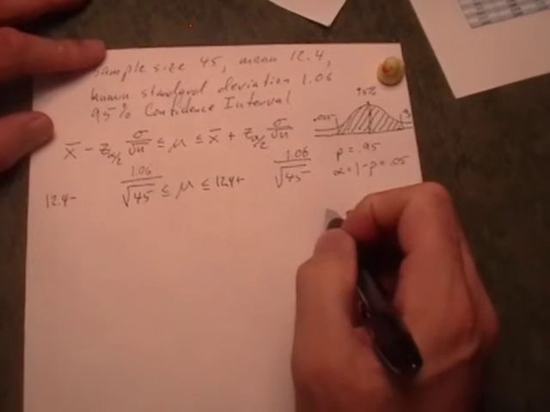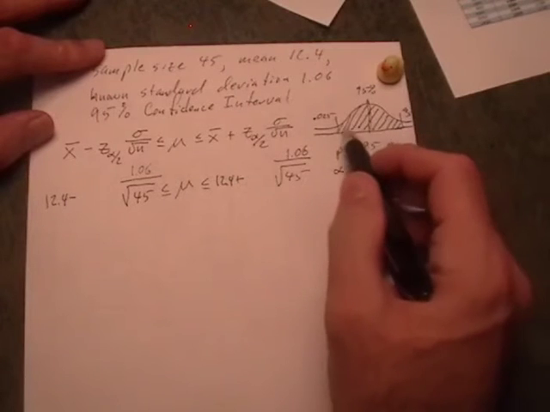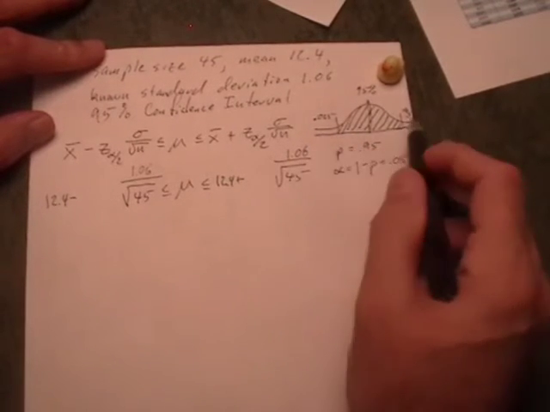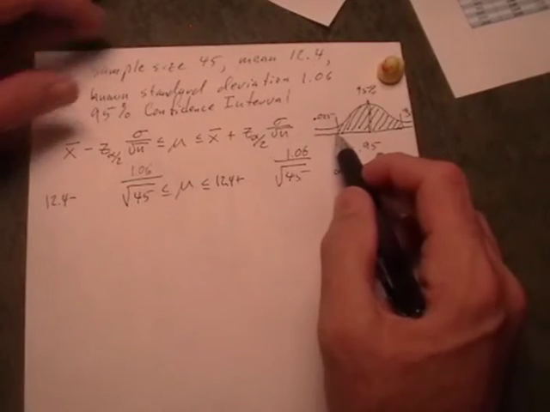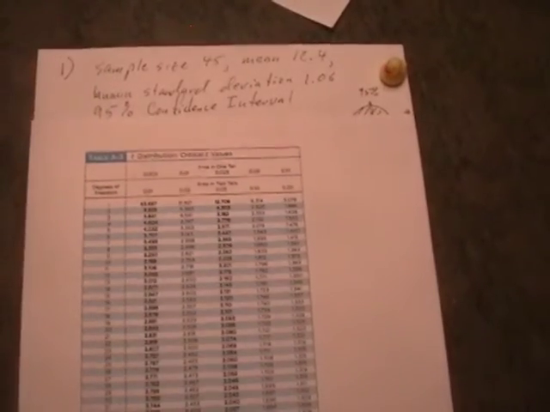As for what you're going to do on the table, do you see how I have a bit excluded to the left and to the right? So I have something excluded on both tails. This is naturally going to be 2 tails.